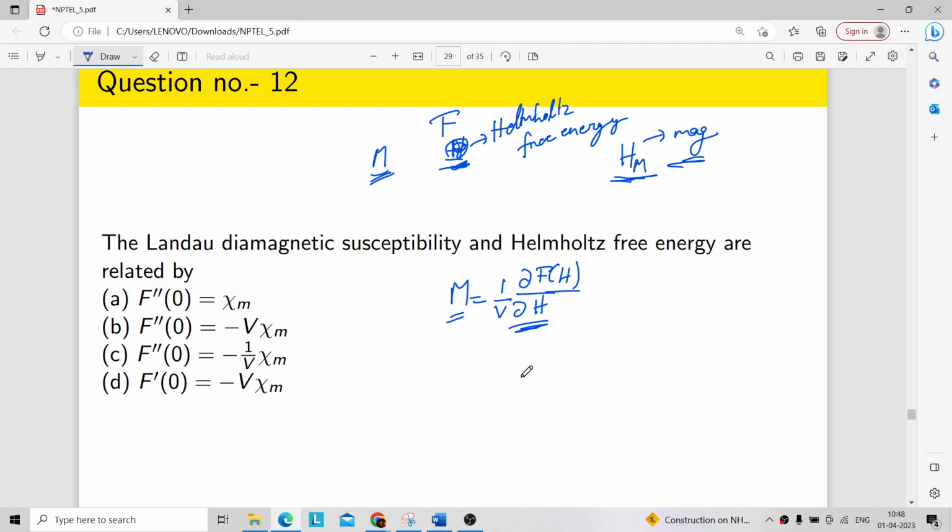So this magnetization is 1 over V del F over del H. Then we know the susceptibility formula as magnetization per unit applied magnetic field, right?